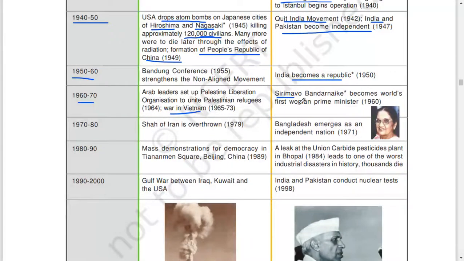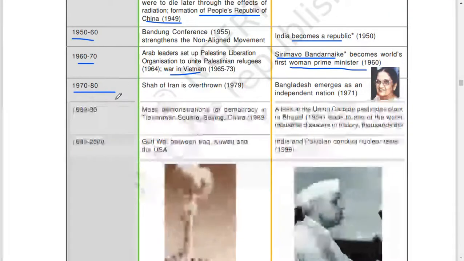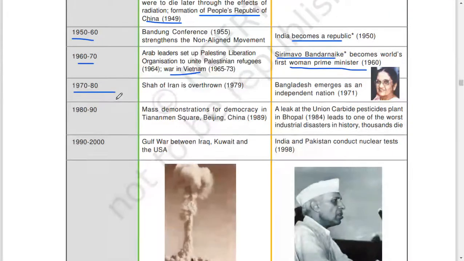Sirimavo Bandaranaike becomes the world's first woman Prime Minister, 1960. 1970 to 1980, Shah of Iran is overthrown. Bangladesh emerges as an independent nation, 1971.